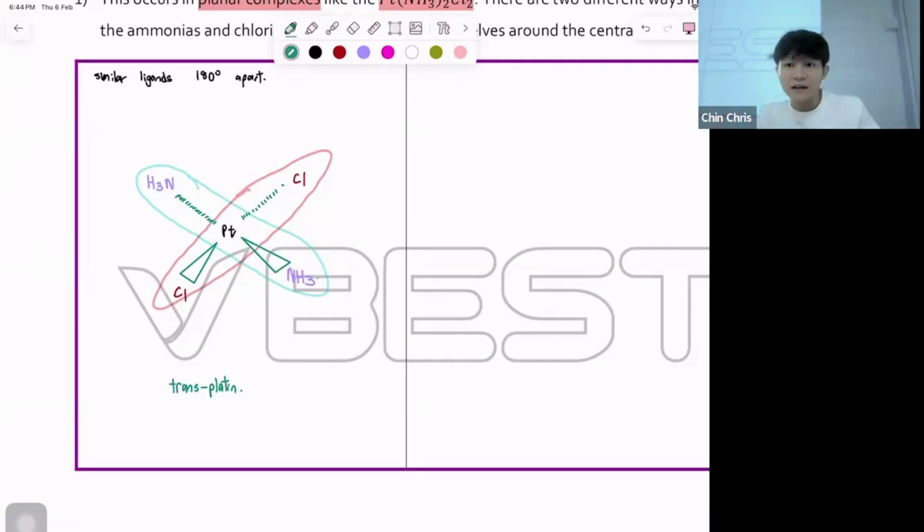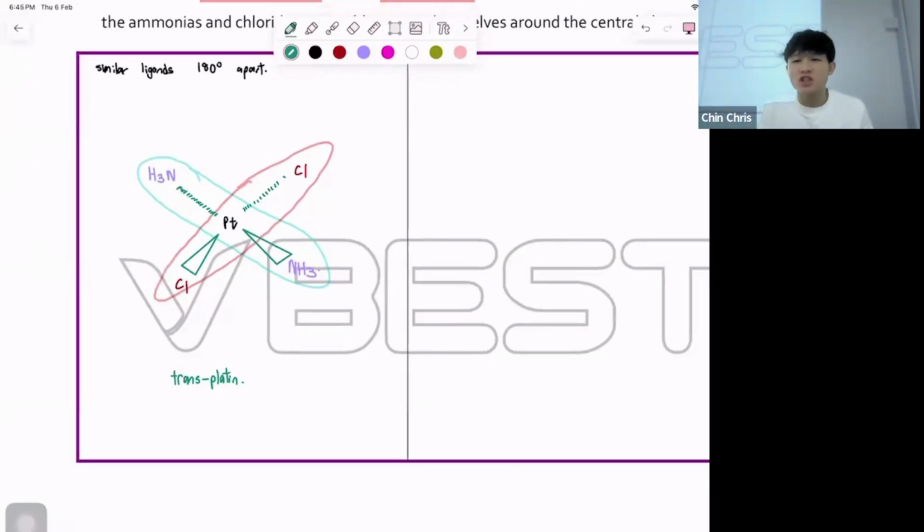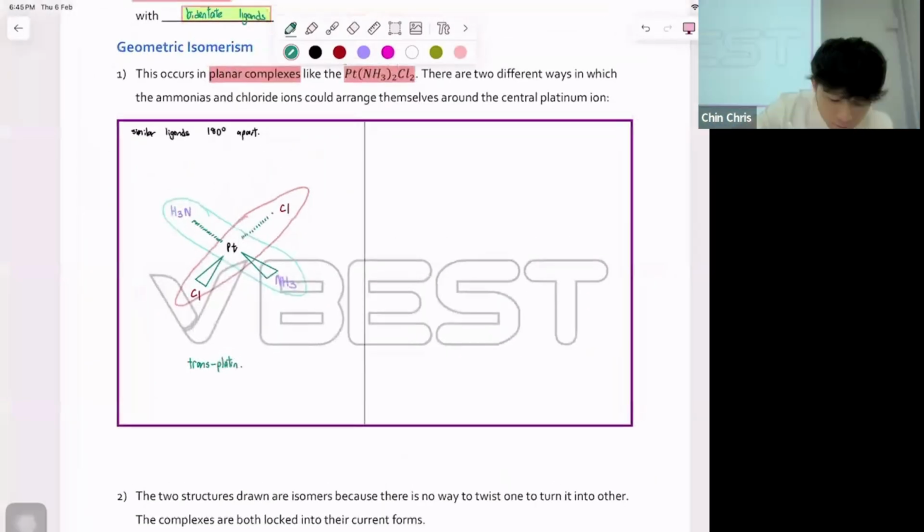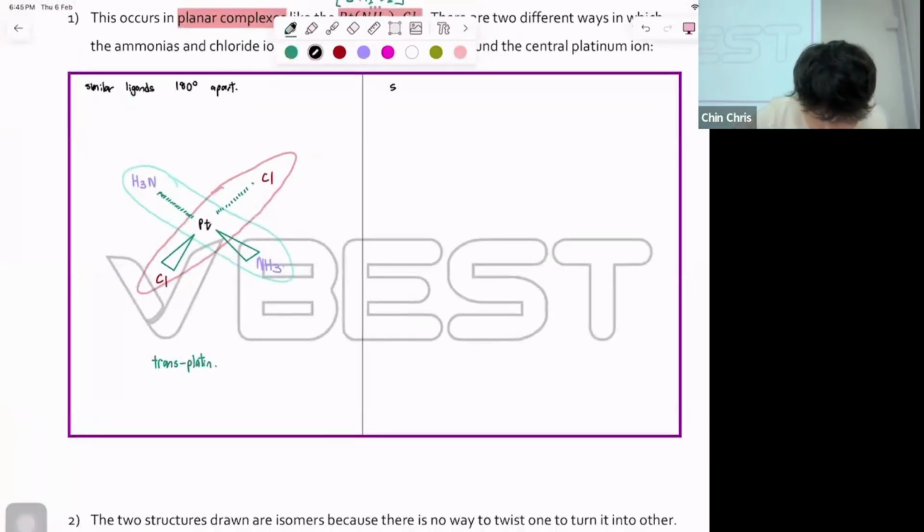So this is the second. What's a platinum? A platinum is just another name for isomer, but for transition elements. The entire complex ion we just call a cis platinum. Now when your similar ligands are 90 degrees apart.